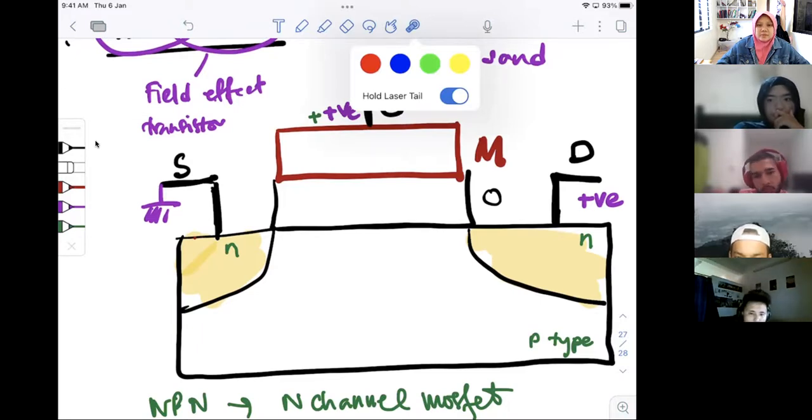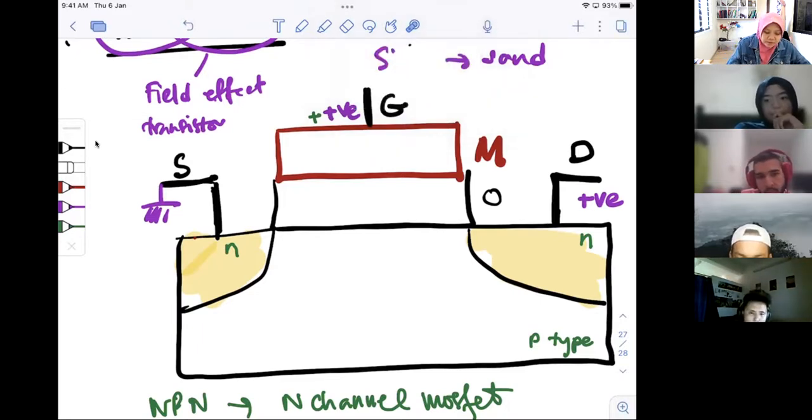If comparing previously only positive one, let's say this one is 5 volt, now I make it 10 volt. I double the voltage.